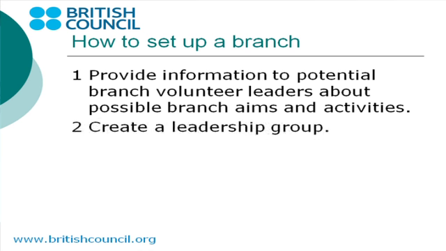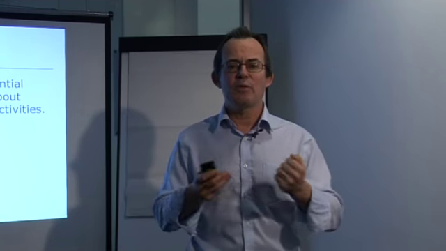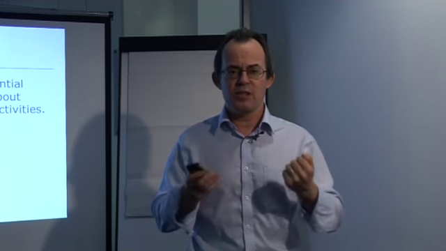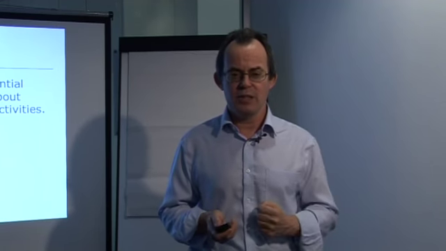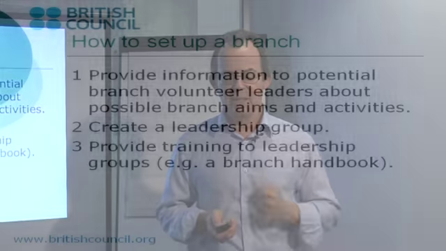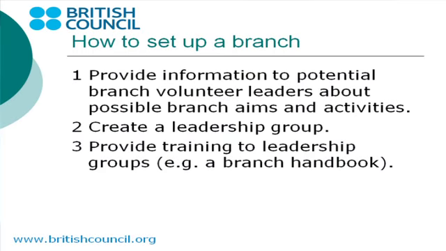The second thing is, as we said earlier on, the importance of creating a leadership group. In other words, to make sure you have a group of people rather than solitary individuals who are setting about the task of creating the TA branch. The third thing is to provide training and guidance to the leadership group.